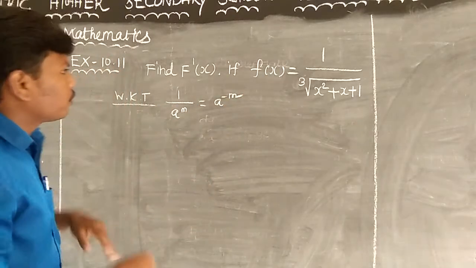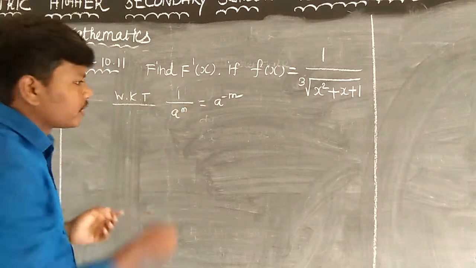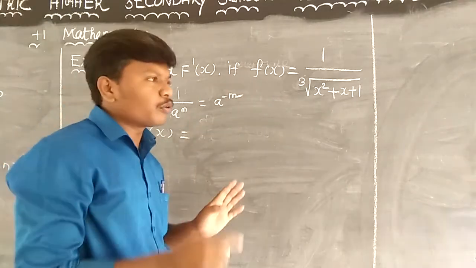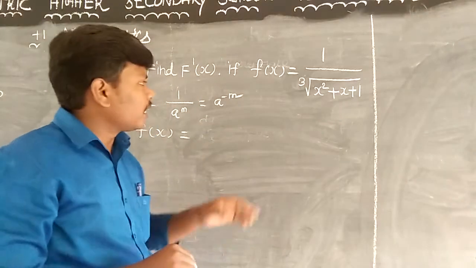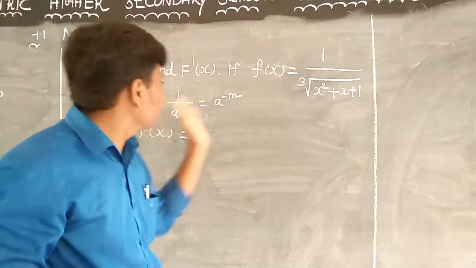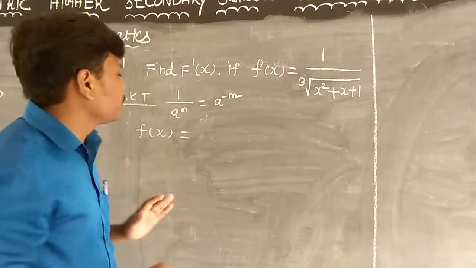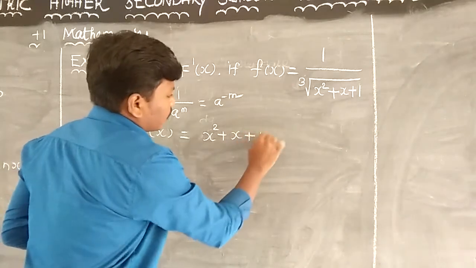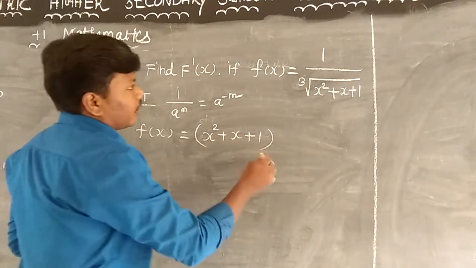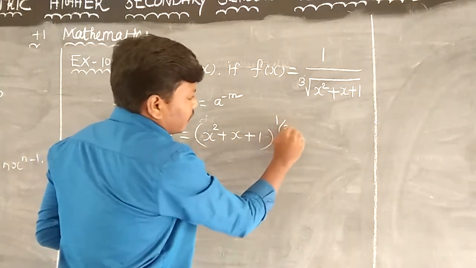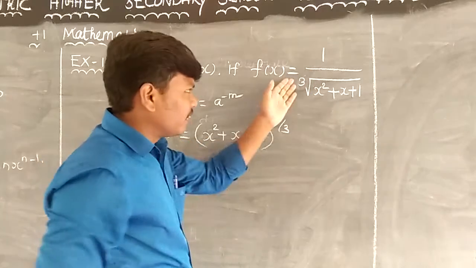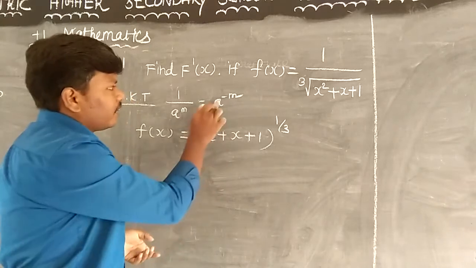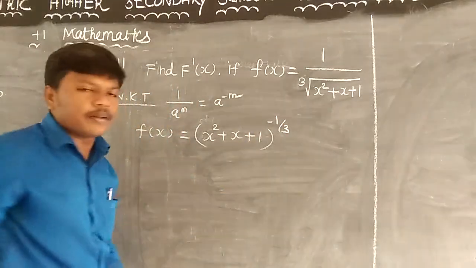So I am going to rearrange the f of x. The cube root means power 1 by 3, and it also has the form 1 by a power m. So I am going to write f of x as (x square plus x plus 1) whole power. We can write 1 by 3, but since it is in the form 1 by a power m, directly we can write minus 1 by 3.